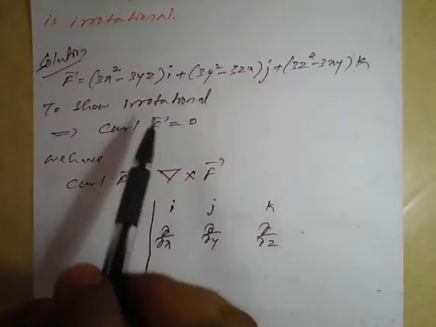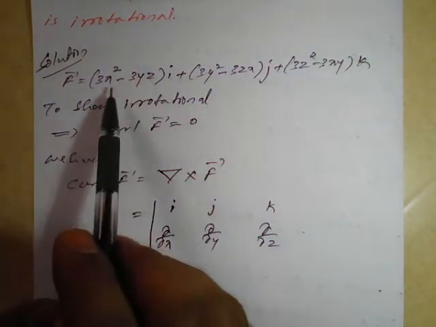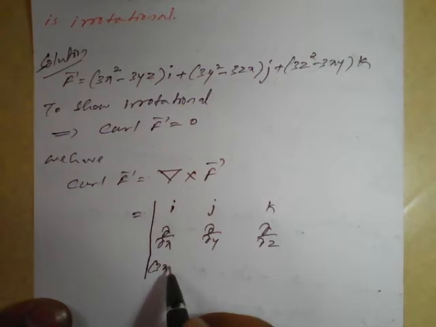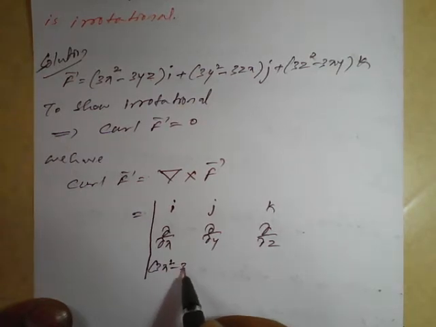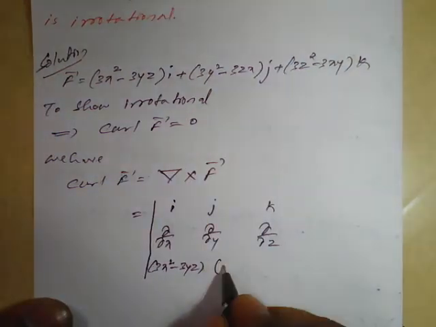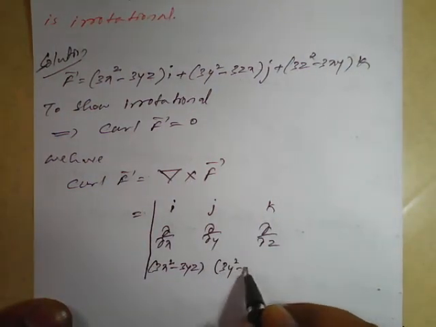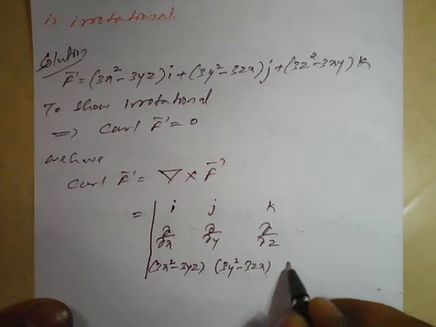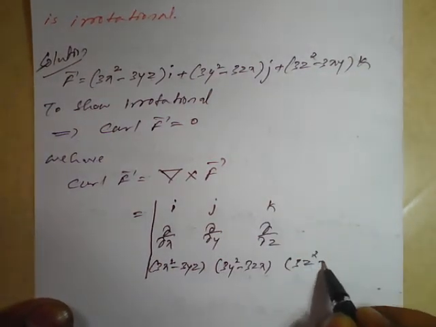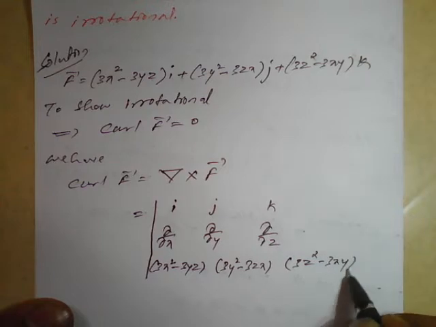Third row is the coefficients of i, j, k of our given vector. The coefficient of i is 3x square minus 3yz, the coefficient of j is 3y square minus 3zx, and the coefficient of k is 3z square minus 3xy.